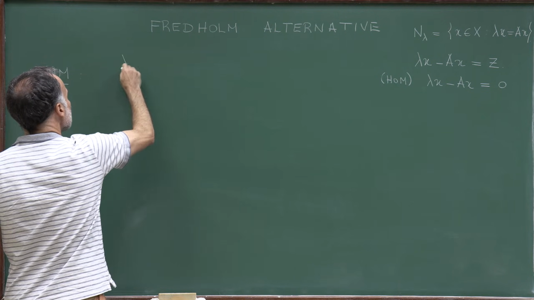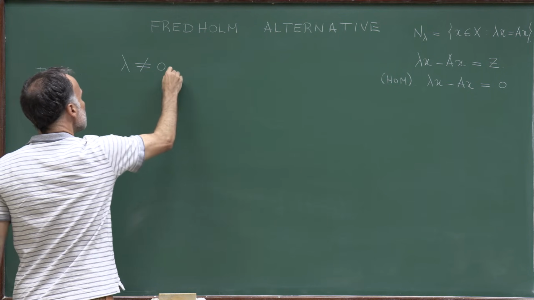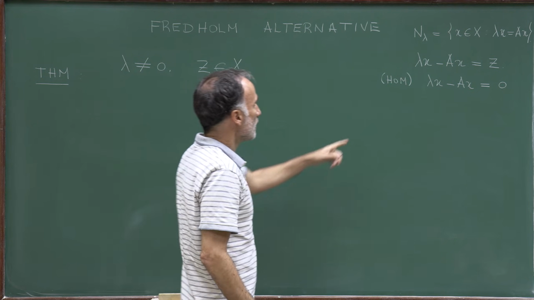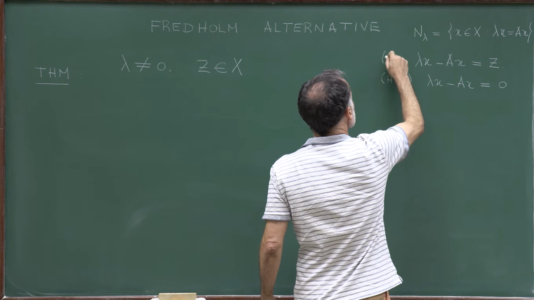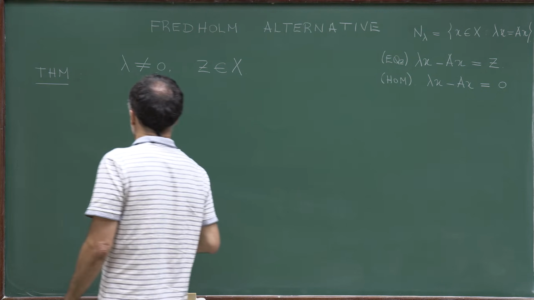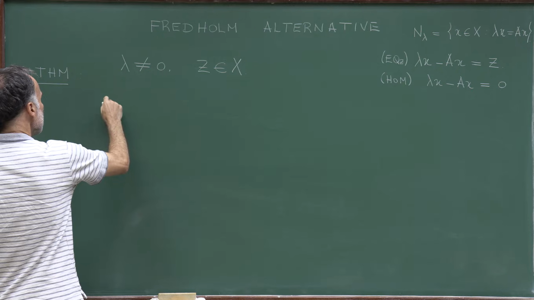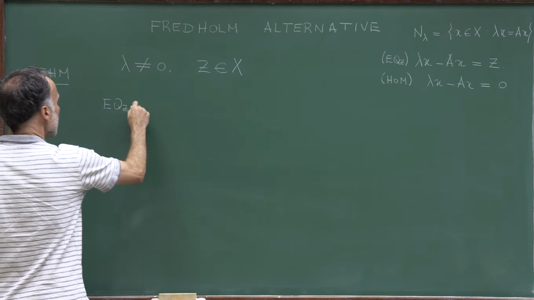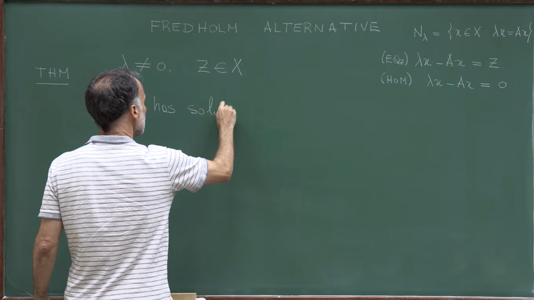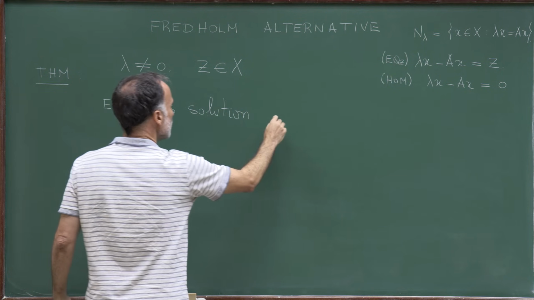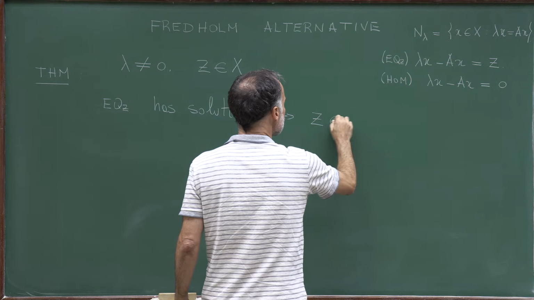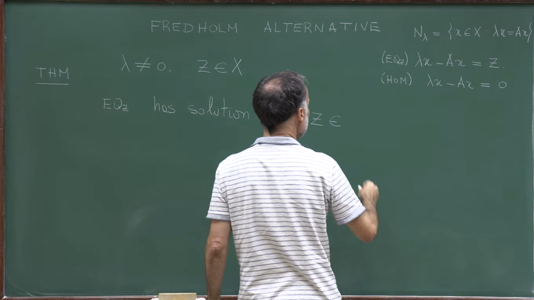I'm fixing lambda different from 0 and z in X, and I'm considering this equation, so let's call it EQZ. The theorem states that EQZ has a solution if and only if z belongs to the orthogonal space of N(lambda).